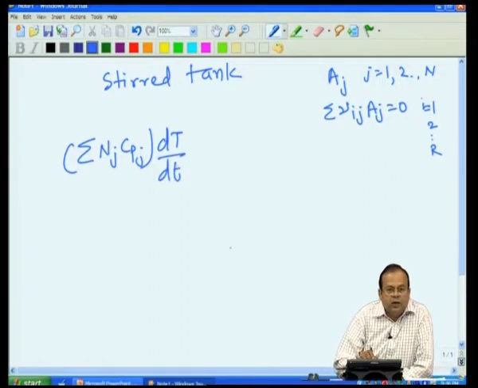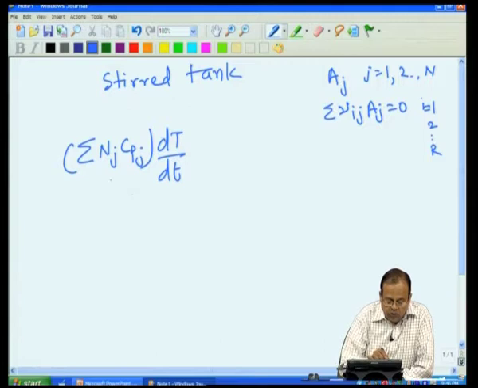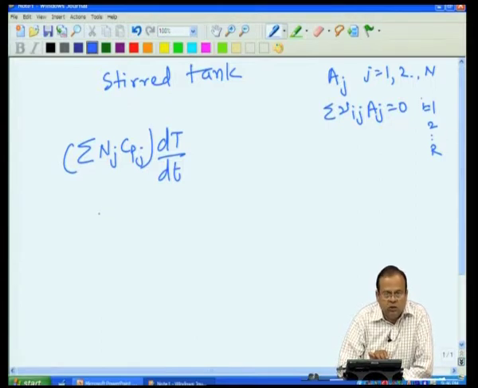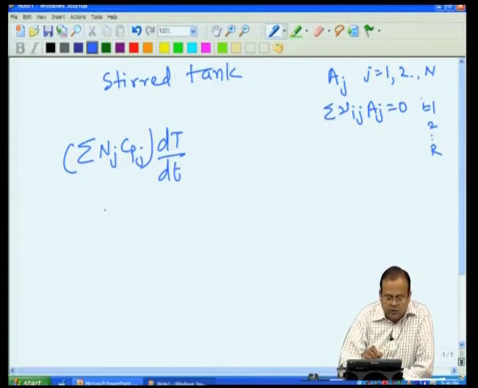So, this is my energy accumulation term. Nj is the moles of species j, Cpj is the specific heat. We had derived this equation in earlier classes.